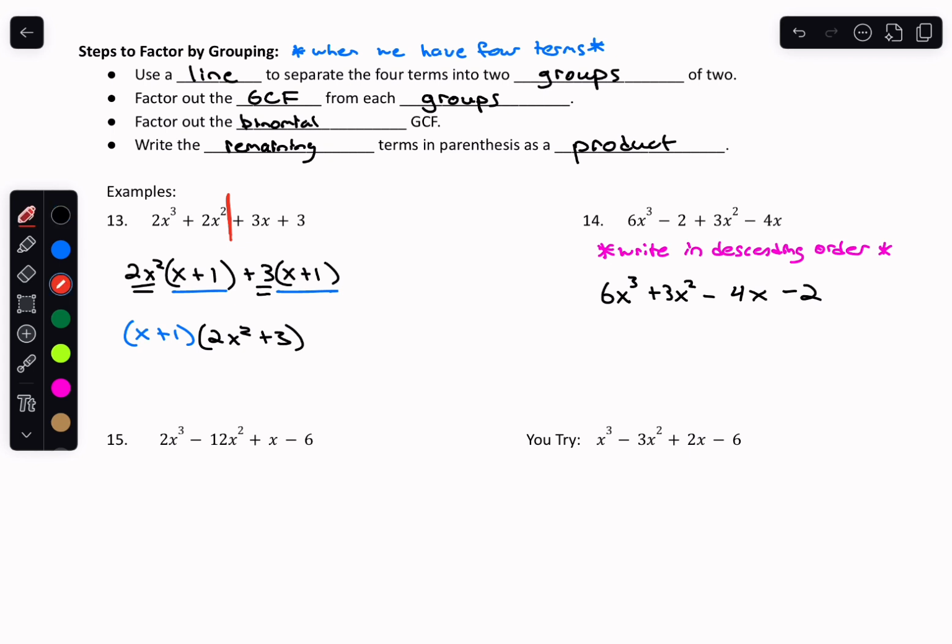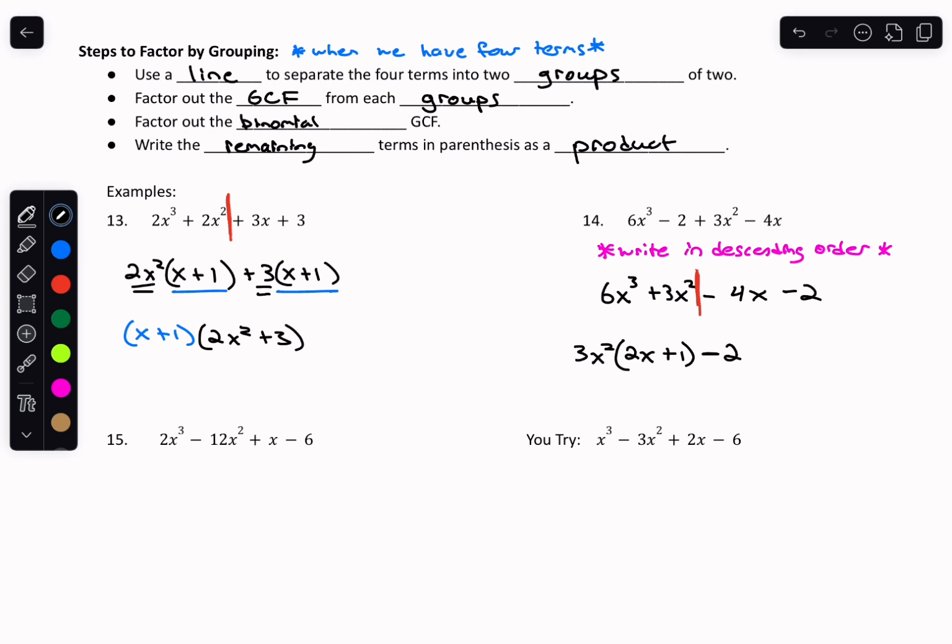Now we're going to follow the same steps as number 3. I'm going to draw a line down the middle of the problem to split it into two groups of 2. 6x cubed plus 3x squared. The GCF is 3x squared. So I'll pull out the 3x squared, which will leave behind 2x plus 1. Then the second group of 2 terms, negative 4x minus 2, there's a negative sign, so I'm going to automatically make my GCF negative, and they're both divisible by 2.